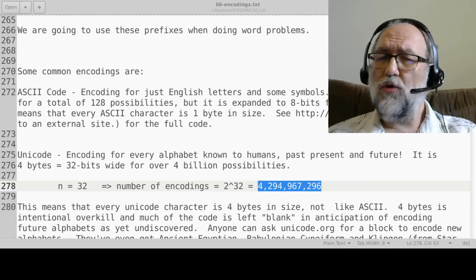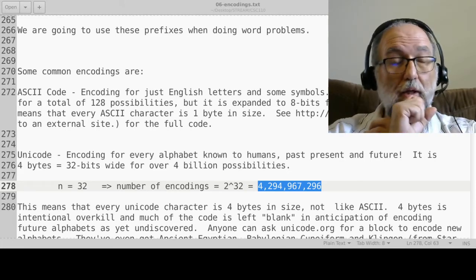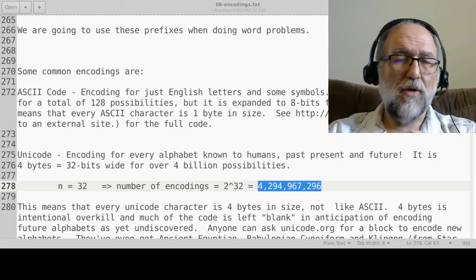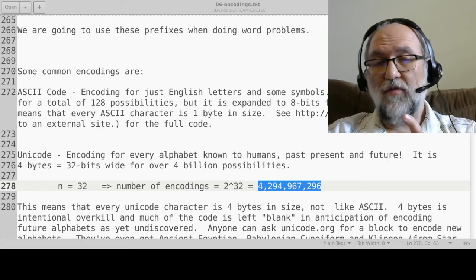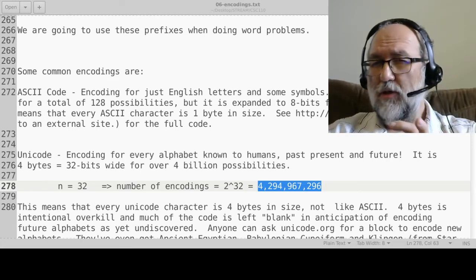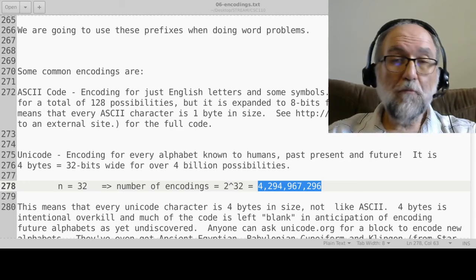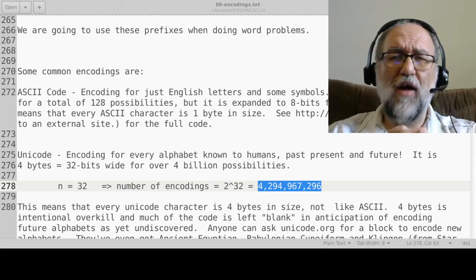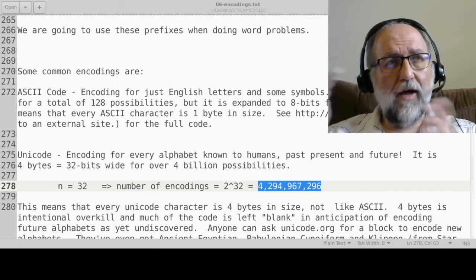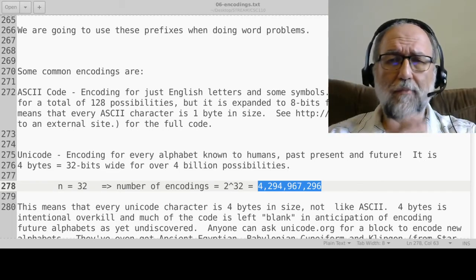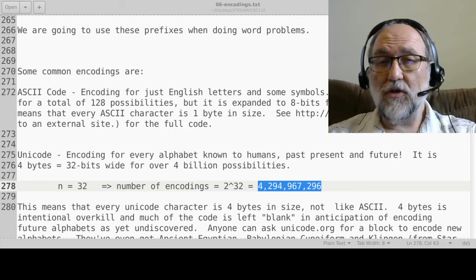So that means that not only are you encoding alphabets, like all European alphabets, but you're also encoding all Eastern alphabets, like Cyrillic, the Russian alphabet. You're encoding Semitic languages like Hebrew and Arabic. You're encoding things that are not even alphabets, like Chinese. Chinese is not an alphabet. An alphabet is usually 20, 30 letters.